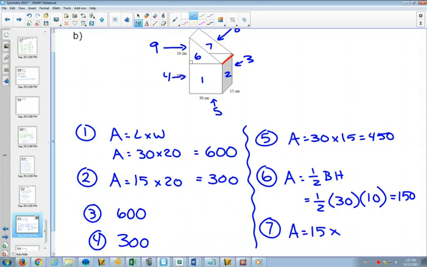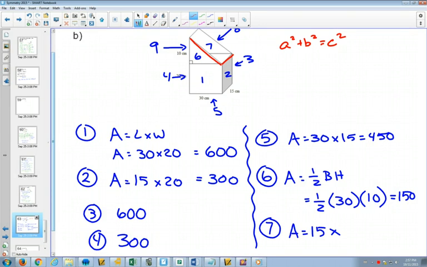The problem is we don't know this side. So we need to use a squared plus b squared equals c squared. That works on triangles that have a right angle.